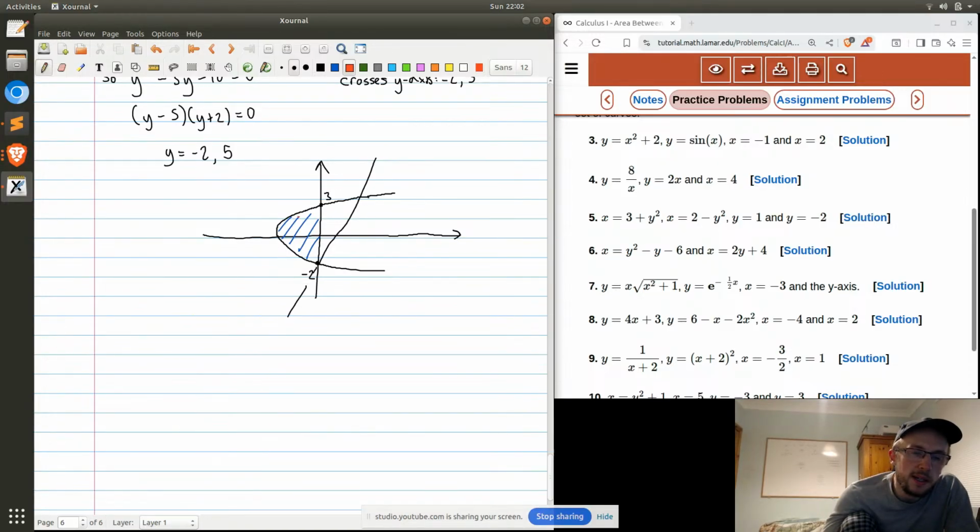Okay, so I can definitely get that blue area right there. And of course, I could also get that.